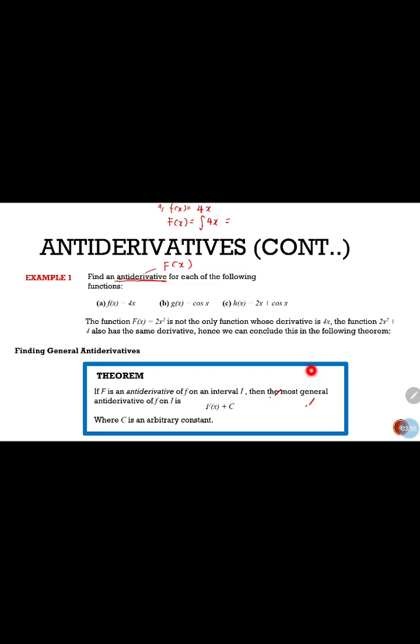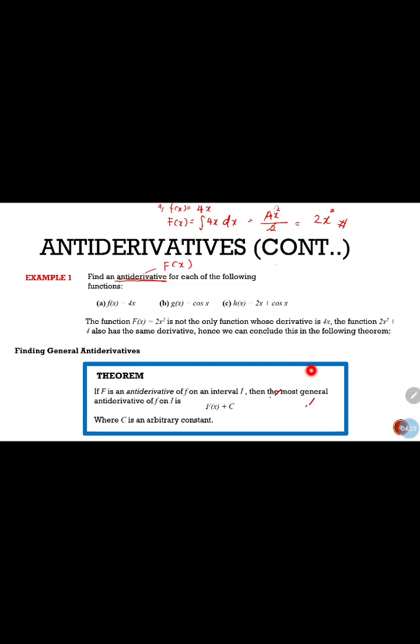Remember, integration of 4x dx: x is to the power of 1, plus 1 gives 2, and divided by whatever number is on the top here. So you will get 2x squared. I hope this refreshes your memory.